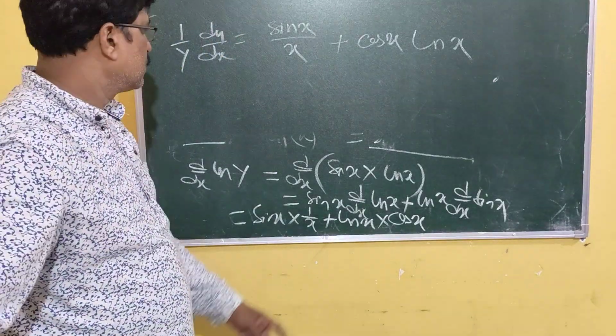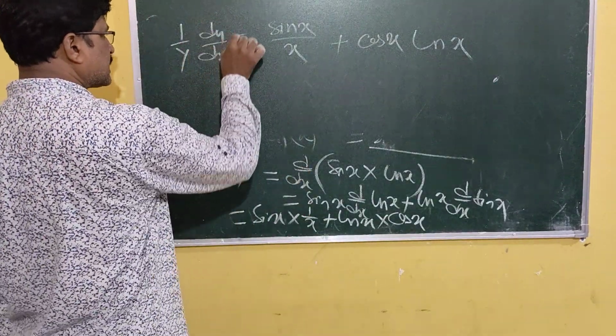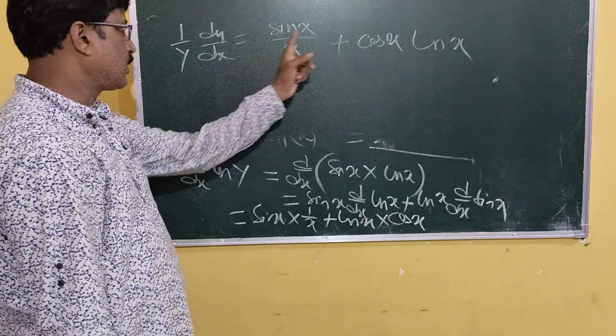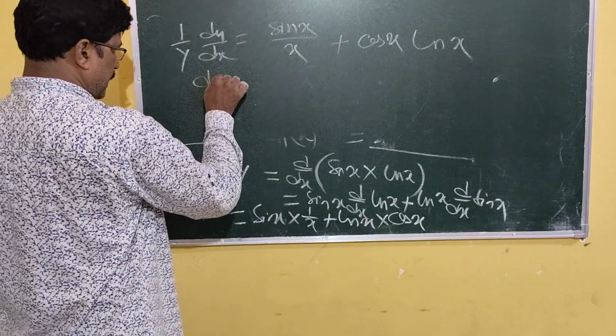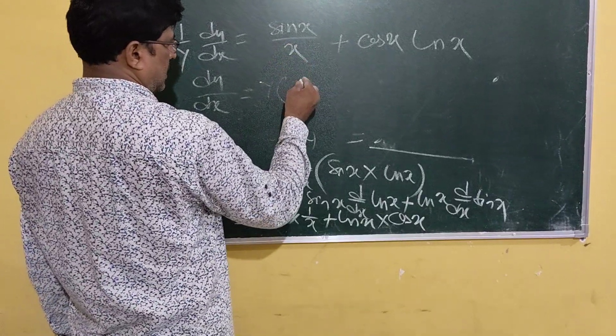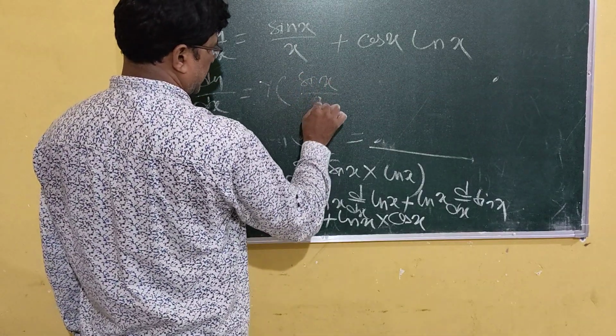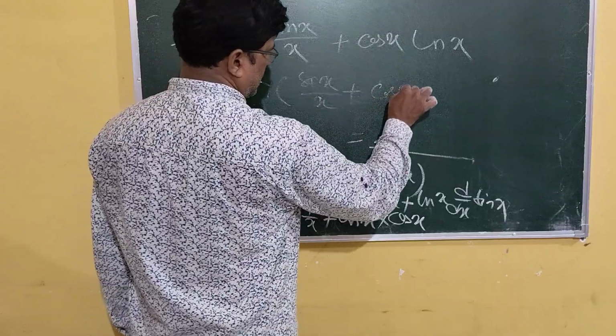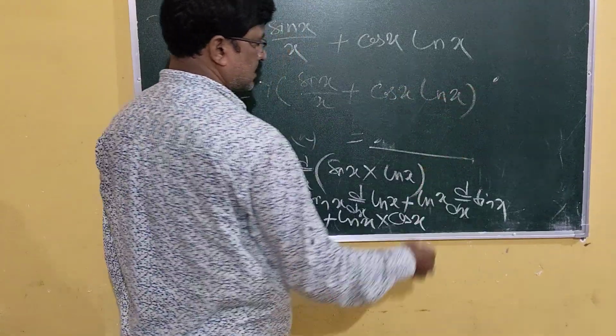So we have to find this dy by dx. Taking this y to the other side, dy by dx is equal to y into sin x by x plus cos x ln x.